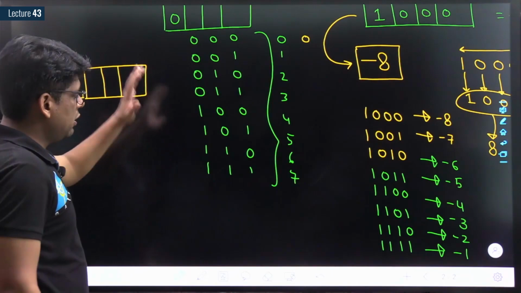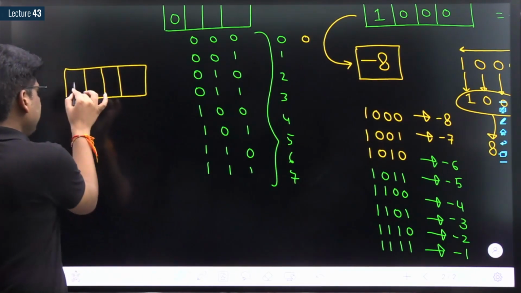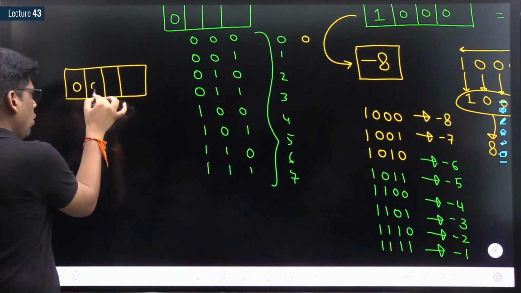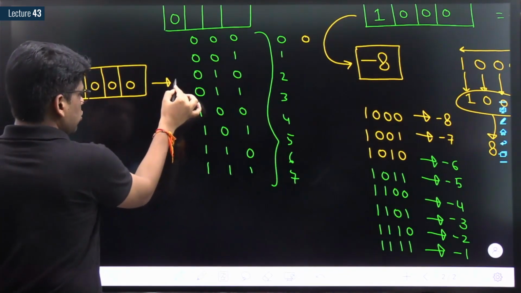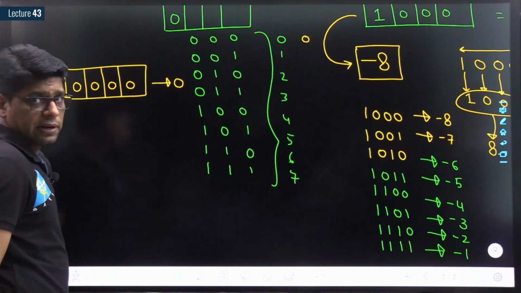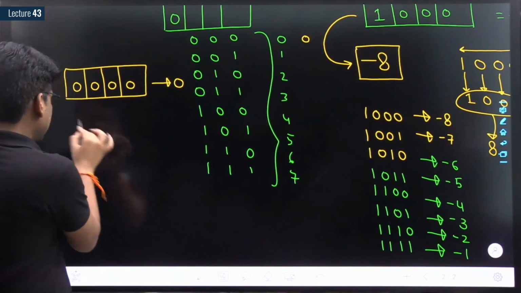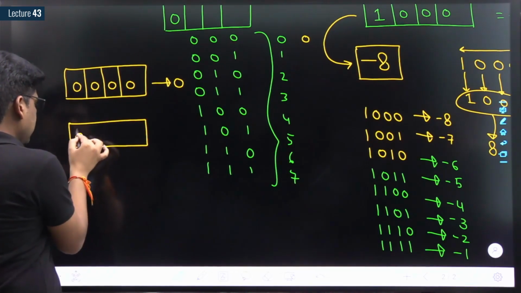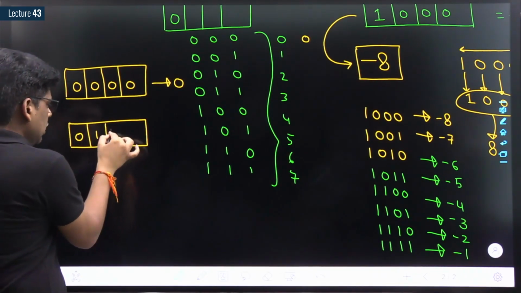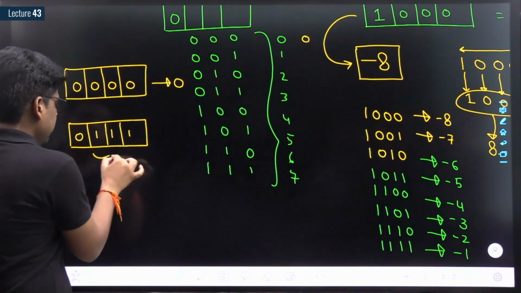Of course, we have already seen this. And the minimum value is when all the bits are 0. Sir, what is the maximum value in positive? See, the sign bit remains the same, but we have all the bits as 1.